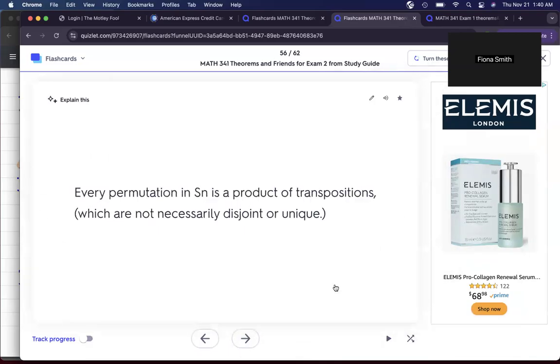Theorem 7.26: every permutation in Sn is a product of transpositions, which are not necessarily disjoint or unique. But the important thing here is, every permutation in Sn is a product of transpositions.